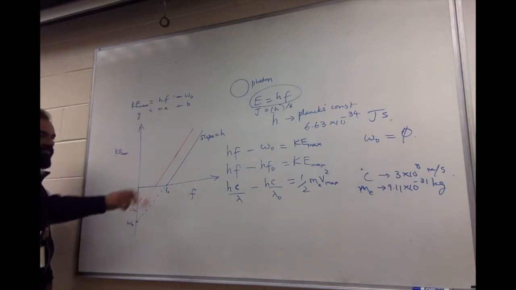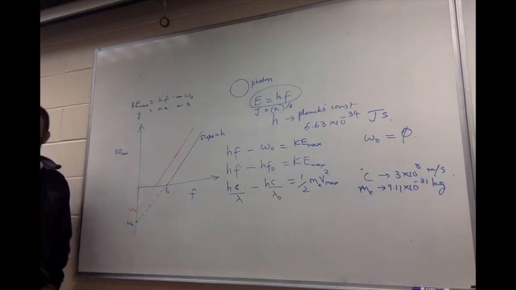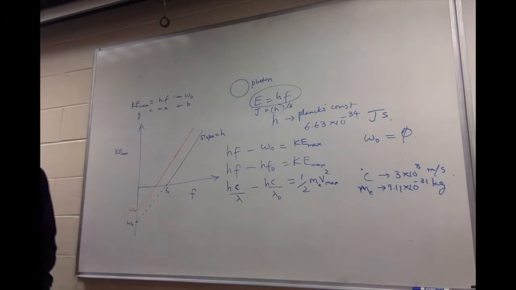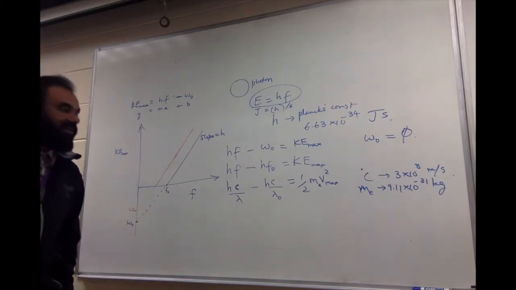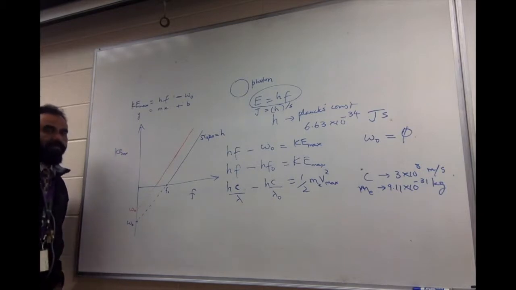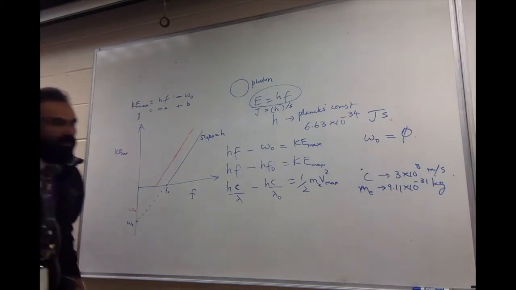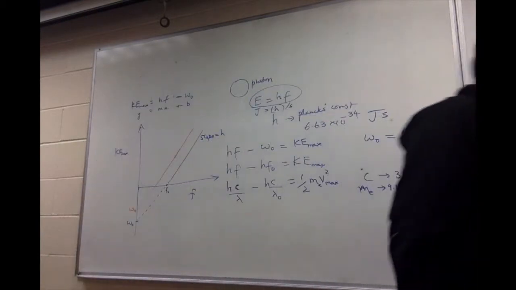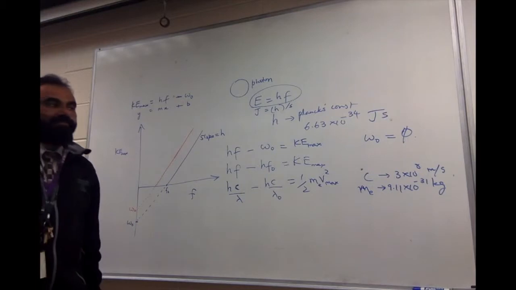Now all these investigations can work well only if you are able to find the kinetic energy maximum. How will you be able to find the kinetic energy maximum of the emitted electrons? We need to try stopping them.